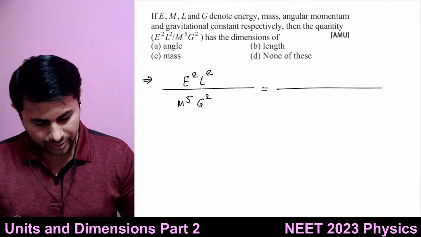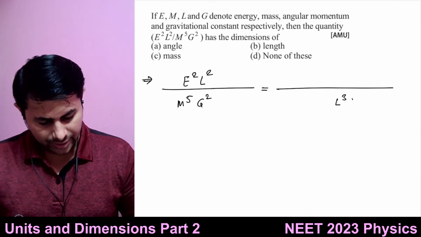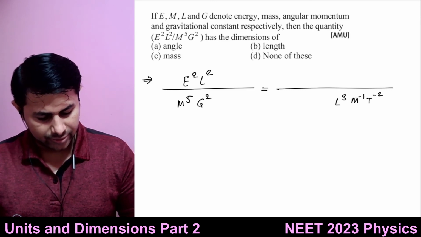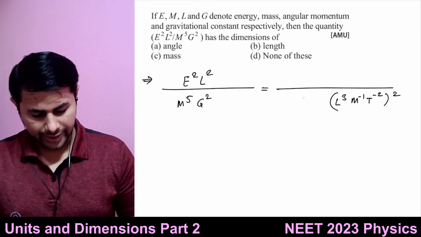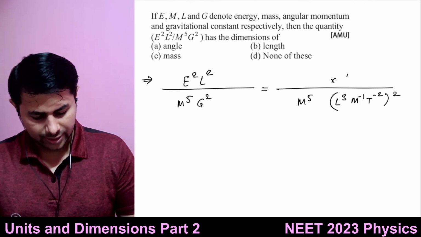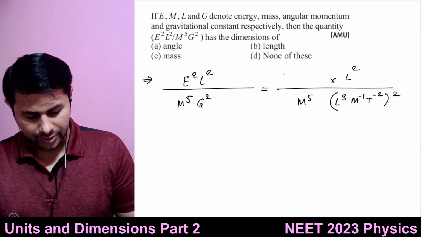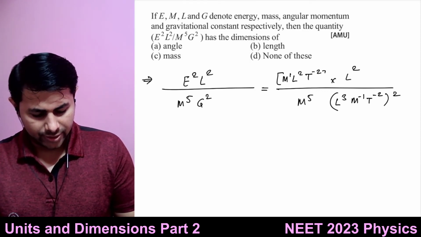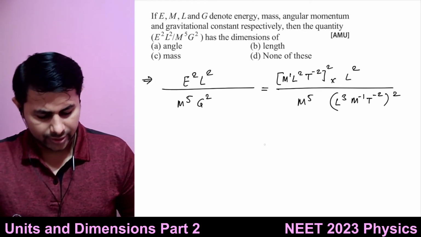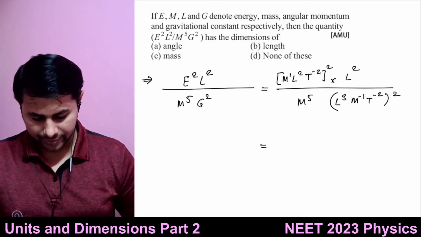So L3 m minus 1 t raised to minus 2 square we have. Okay, m to the power 5, and here L to the power 2, and here M1 L2 t raised to minus 2 square. Okay, not that difficult, right?